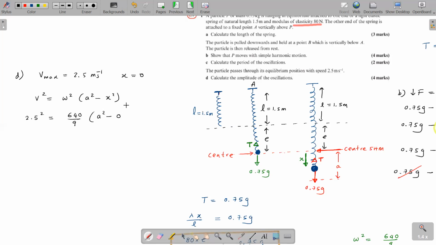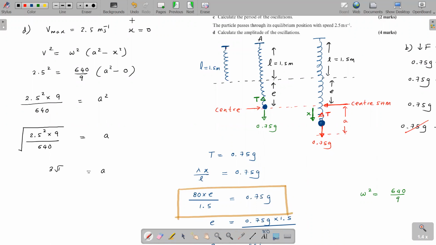We don't know that, we have to find it. Minus x is 0 at this point. So 2.5 square into 9 divided by 640 equals a square. So 2.5 square into 9 divided by 640, whole thing square root, gives the amplitude. So get the positive value.